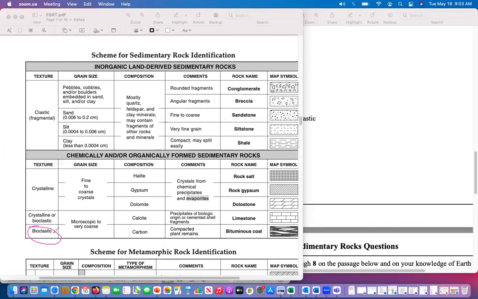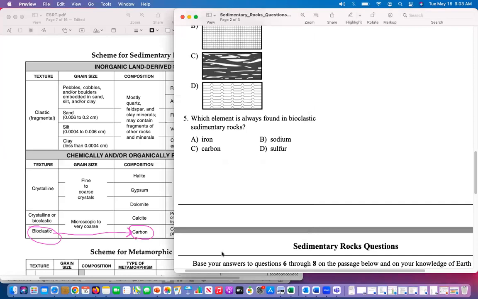And when I look at a bioclastic rock, I look under composition. Composition tells us what that rock is made up of. It tells us the mineral, right, or the element that makes up that rock. So I see the word carbon here for a bioclastic rock. So when I look here, my best answer is choice C.